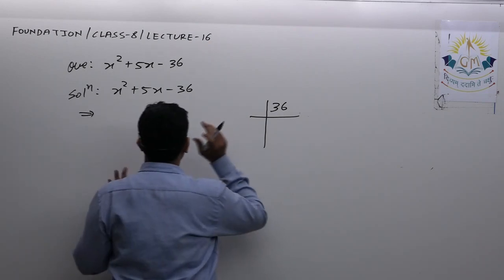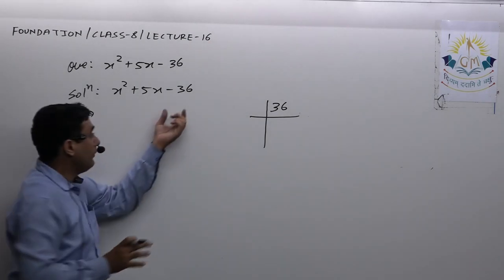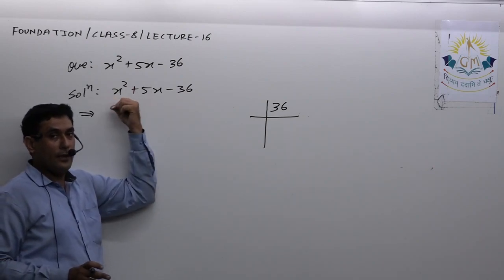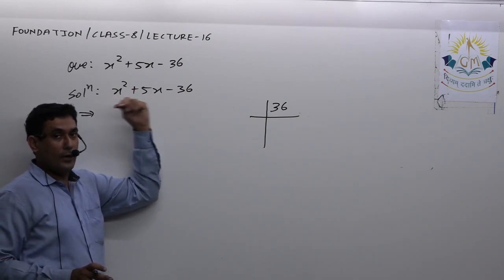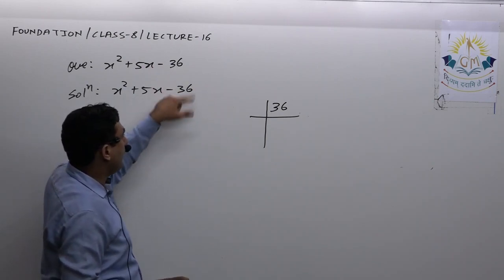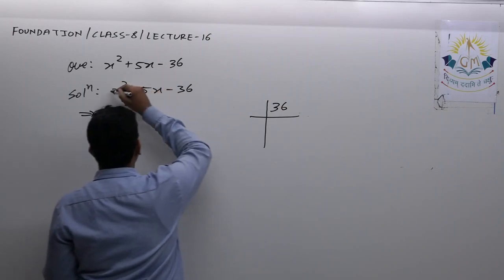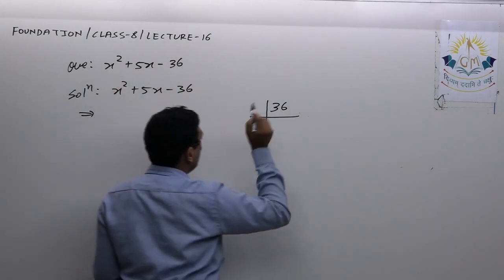So don't set it in your mind that we have to find the factors of only the constant term, because over here the coefficient of x square is 1, that's why it looks like we are finding the factors of only 36. Actually we are finding the factors of a multiplied by c.